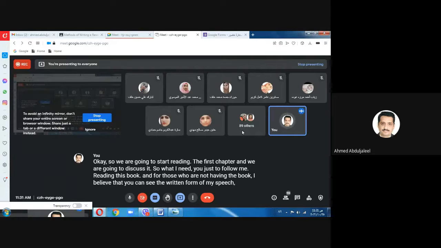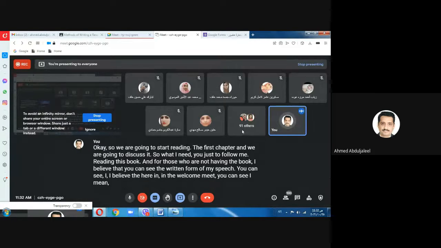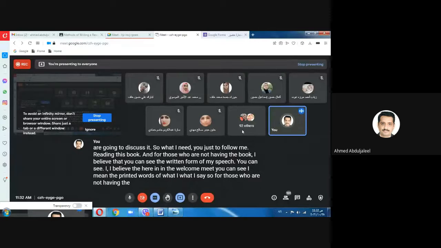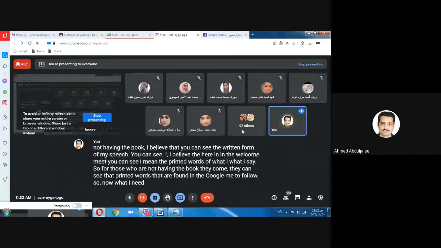You can see here in the Google Meet the printed words of what I say. So for those who are not having the book, they can see the printed words that are found in the Google Meet to follow.